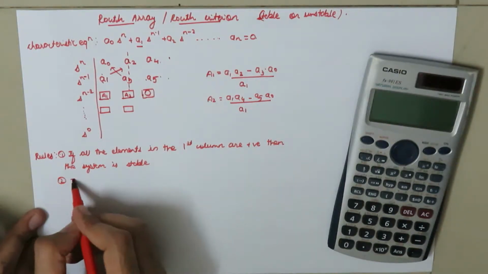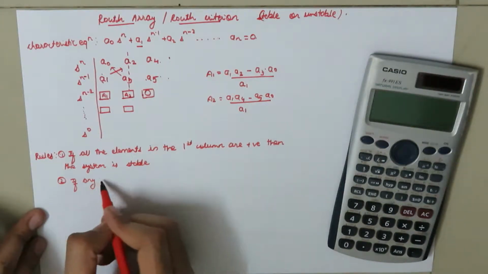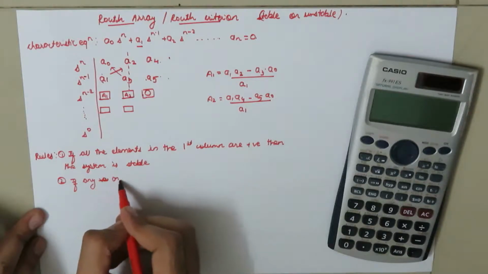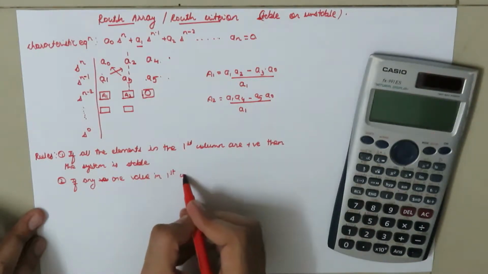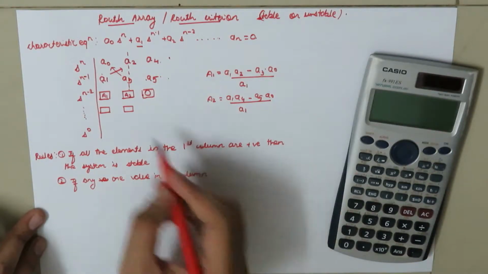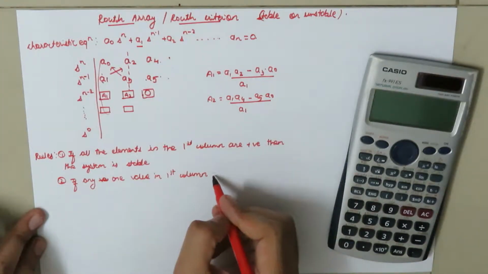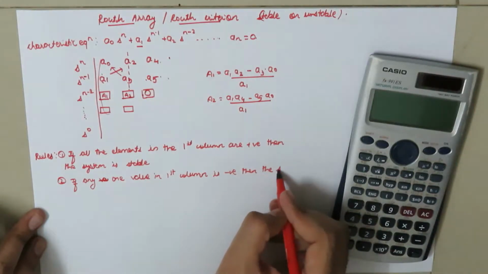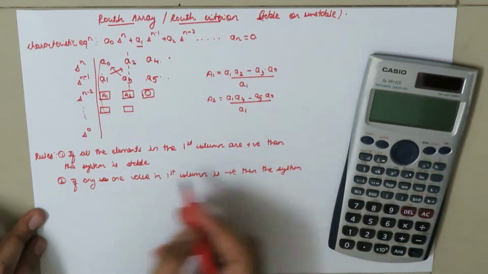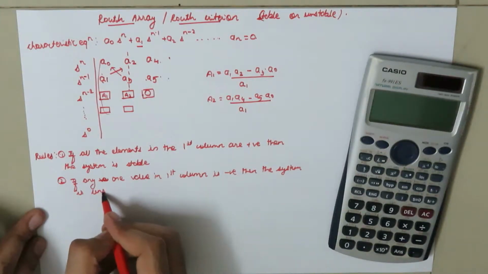The second rule is, if any one value in the first column is negative, then the system is unstable.